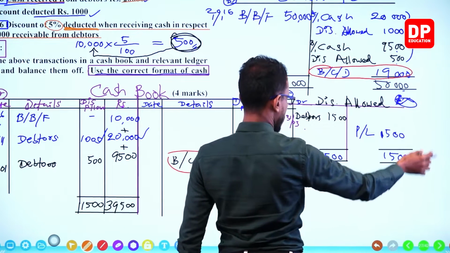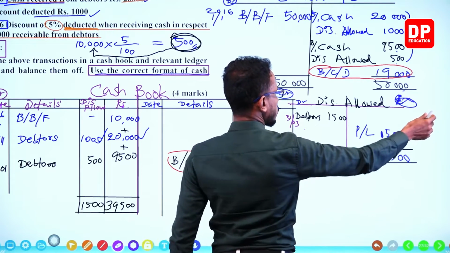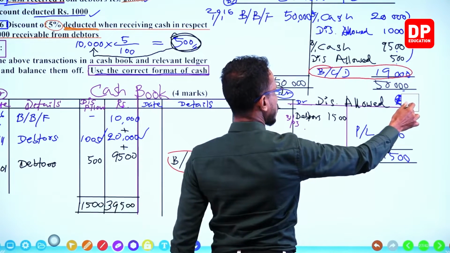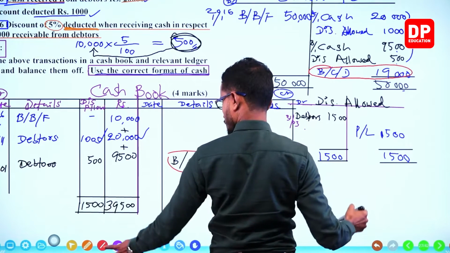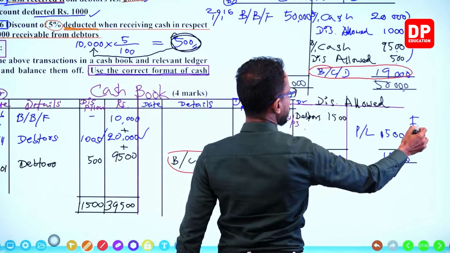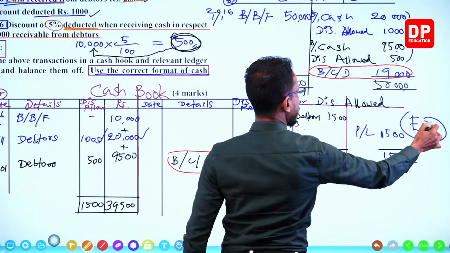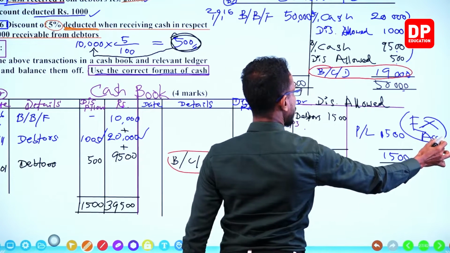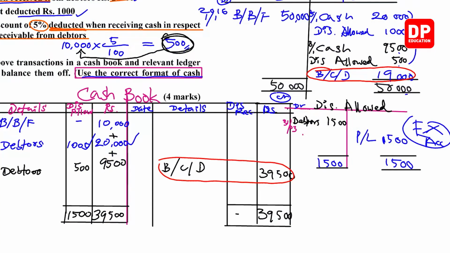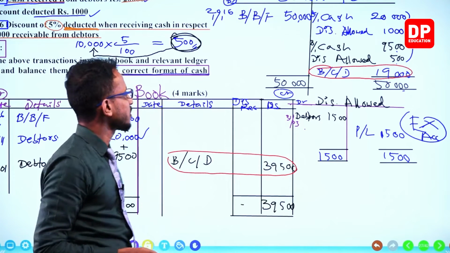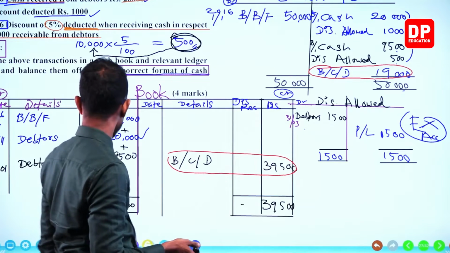Income accounts and expense accounts. This is an expense account. All right. That's that. Let's move on, shall we?